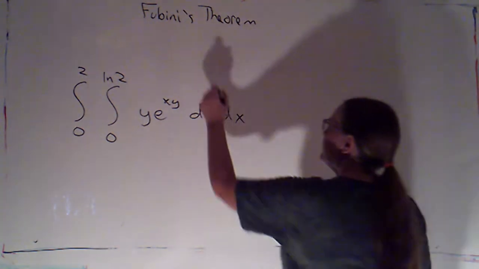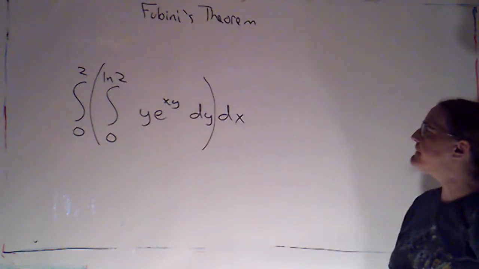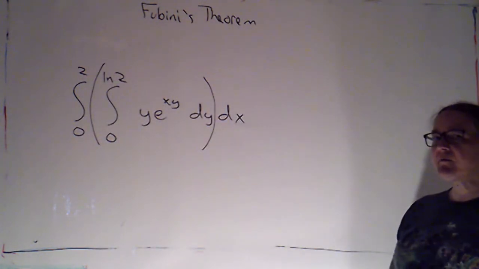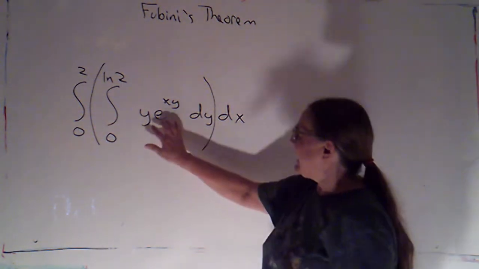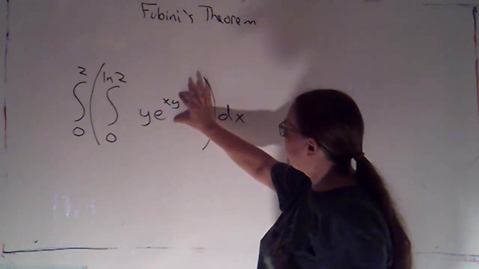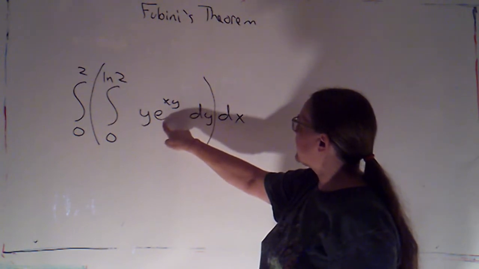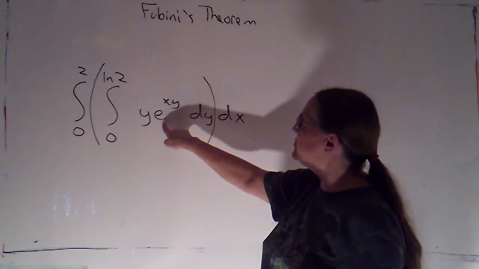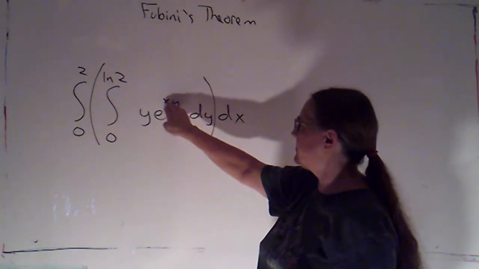As written, I would be integrating with respect to y first. And I'm not crazy about that because I could try to use an integration by parts, but it's a little bit tricky just because it looks like I would want to be doing some sort of a u substitution here because this is a function composition.